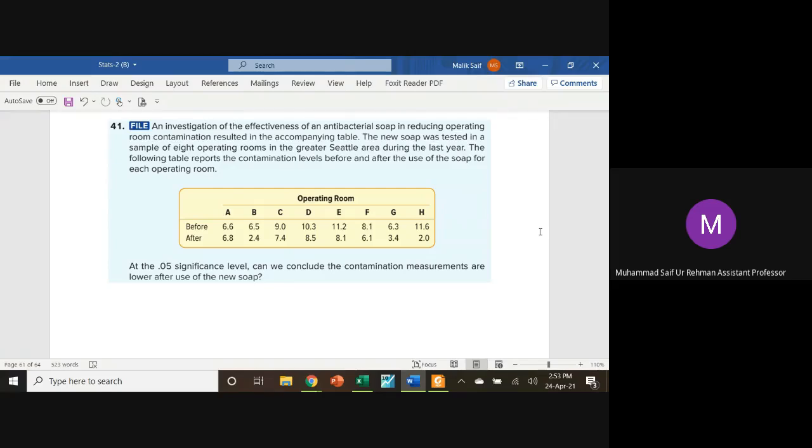So basically, if you see this situation, you are using soap and you are checking the contamination level. Definitely, if you consider the new soap as better soap, and you are checking it for the same sample, the same operating room where some germs are there, and you're using two different soaps for the same germs, let's say, whether they are killed or not.